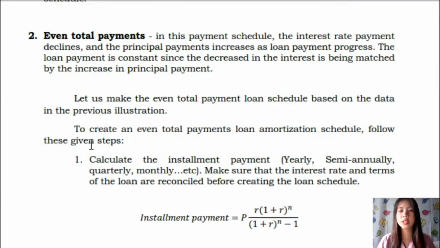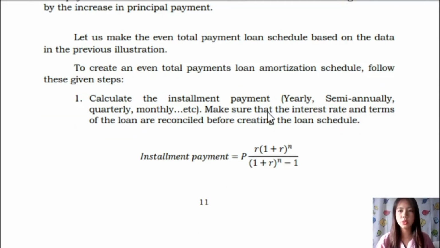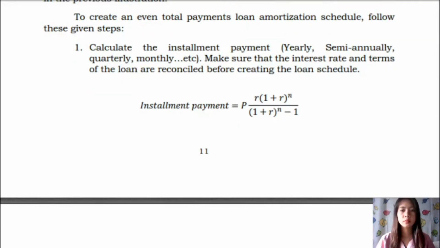Or first, the steps. Let us make the even total payment loan schedule based on the previous illustration then. So, same data. Okay, to create an even total payment loan amortization schedule, these are the steps. Okay, calculate the installment payment, yearly, semi-annually, quarterly, monthly, etc. Make sure the interest rate and terms of loan are reconciled before creating loan schedule.